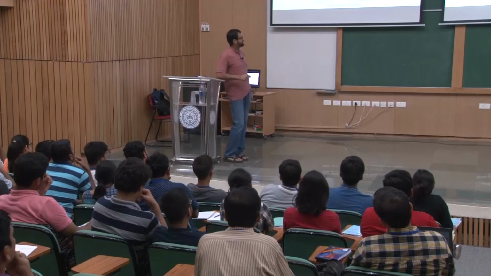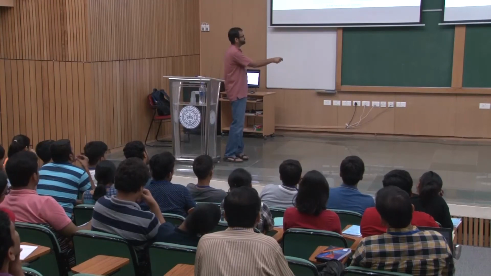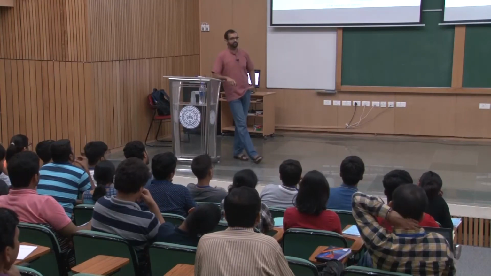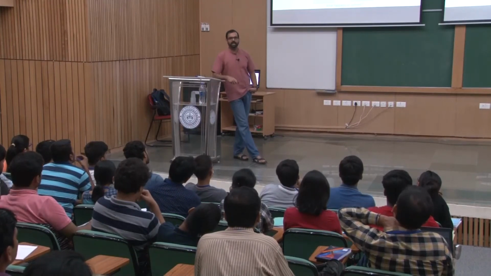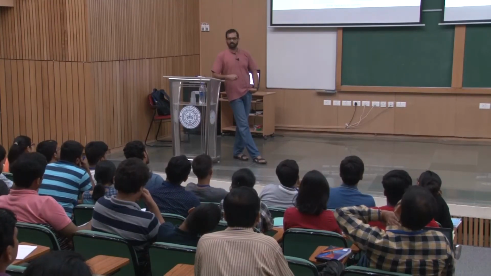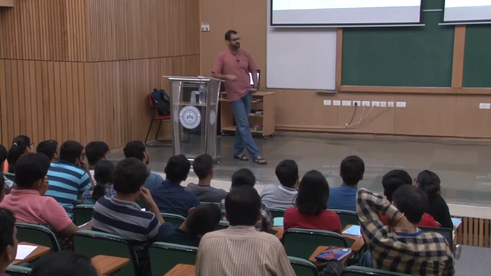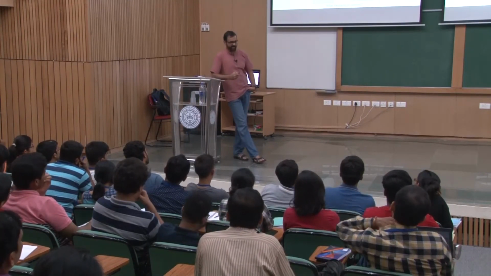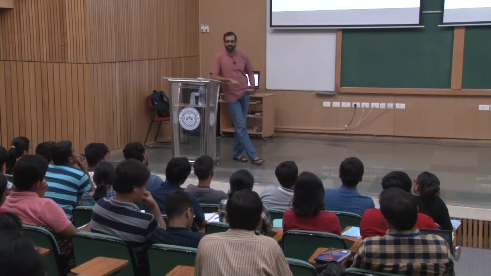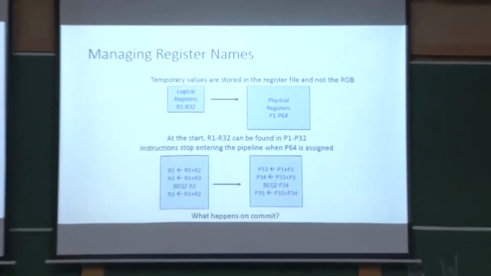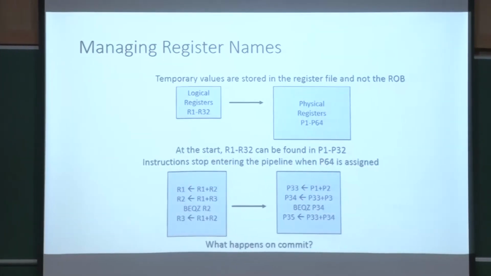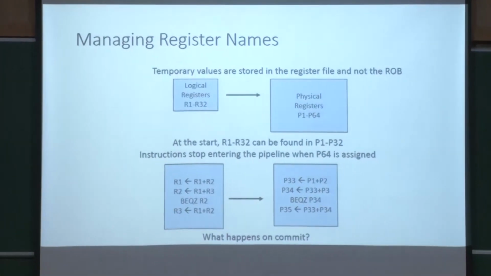Now we are going to say that our hardware has a register file that is actually larger than the architected register file exported by the hardware, and we are going to use this combined register file for maintaining the information that we had before.